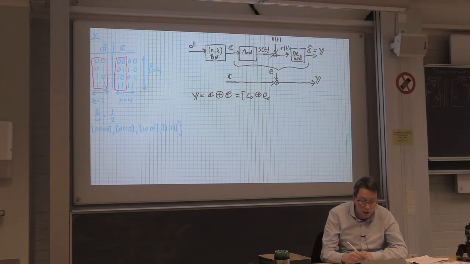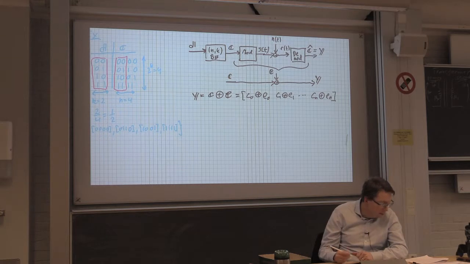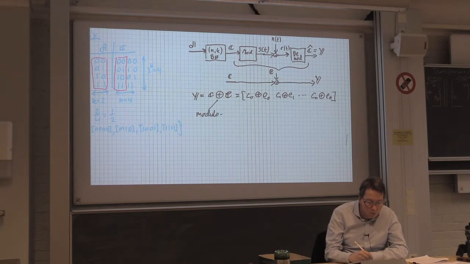The second bit in Y is C1 plus E1, and we continue to do that until we get to Cn plus En, like this. And this circle plus is modulo 2 addition, or XOR if you like.